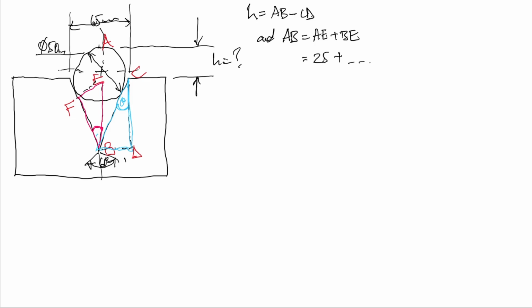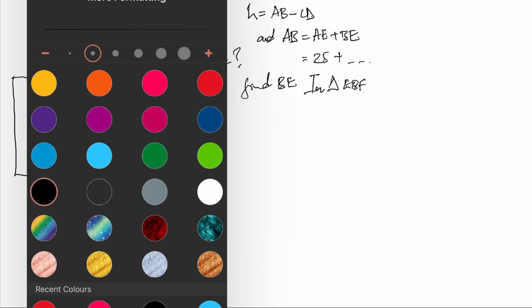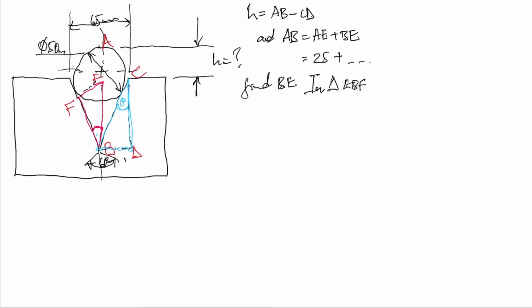Once you've got that, we need to calculate BE. Let's find BE now. You can write here: find BE. Now BE is in triangle EBF, which is this one here that we spoke about. I'm just going to make it darker.